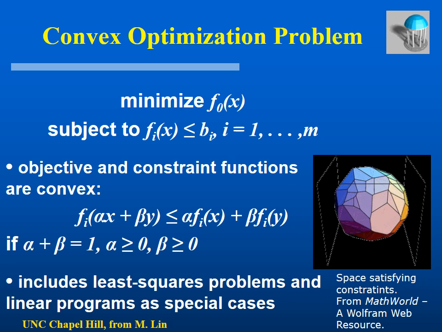And if for every place on that line, the value of the constraint function is less than or equal to the average at the 2 endpoints, at x and at y, with the same weighted average, same weights, alpha, beta, then that's a convex problem.